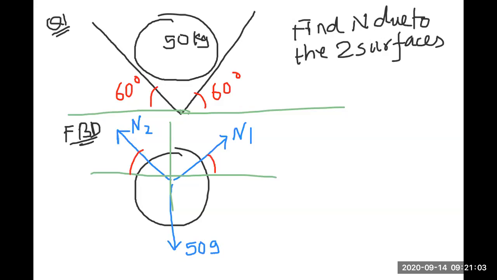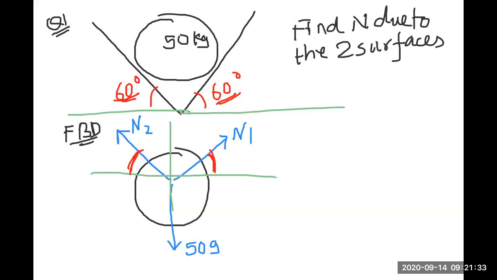If this angle and this angle were different, then there would be a problem, and the problem would be that these two angles would not be the same. So since I know that these two angles are same, I just want to find the value of these two angles.